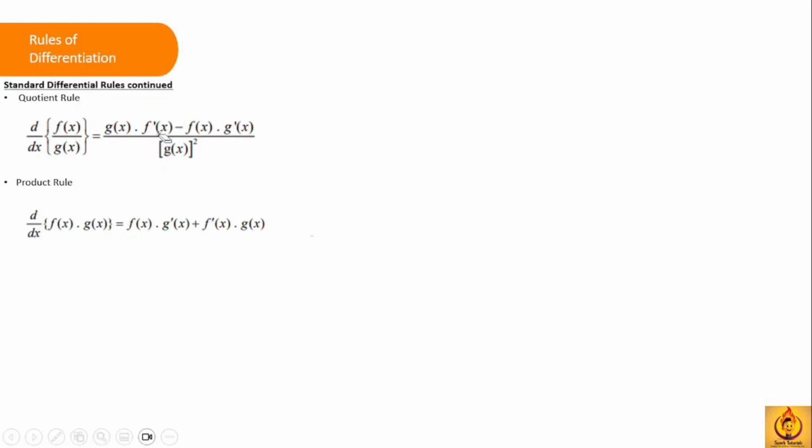Okay? So, example, let's say that we are given y defined by 2x over 9x cubed plus 7x.